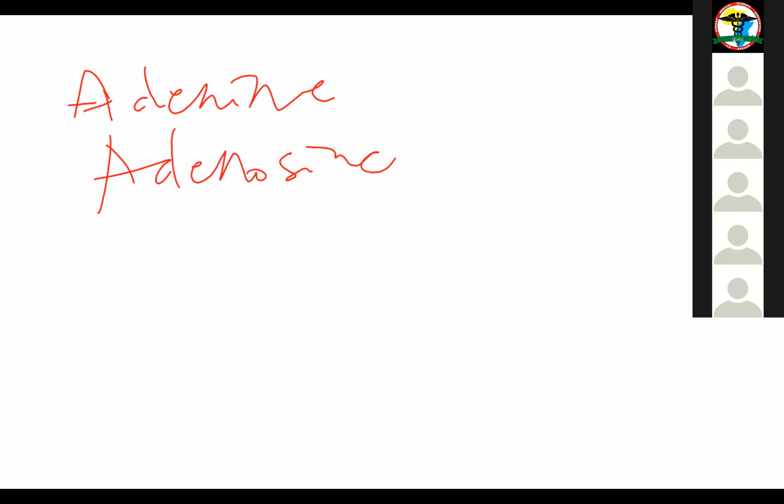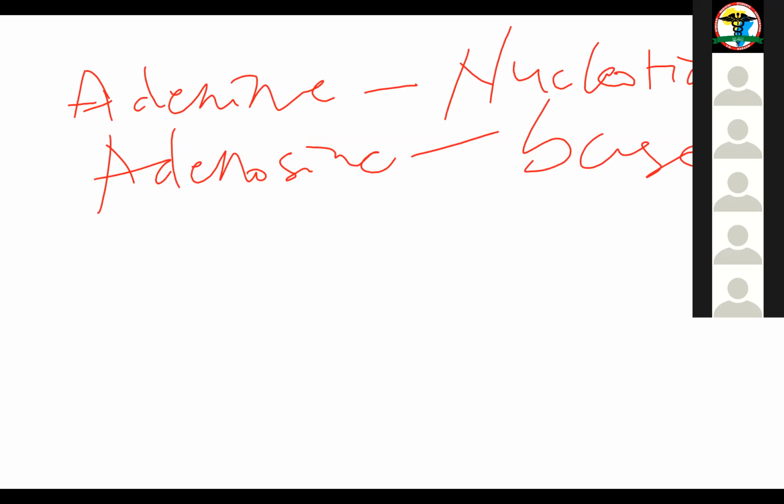When we say adenosine and when we say adenine, what is the difference between the two? Anyone? You don't know. Okay, and that is where the misconception lies. Adenosine is a base. Adenine, this is a nucleotide. They are two different things.